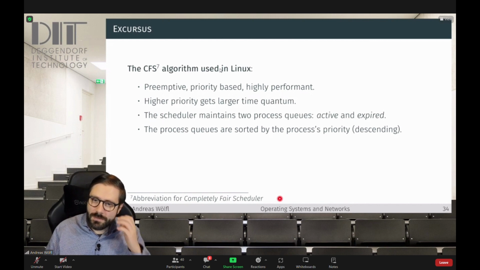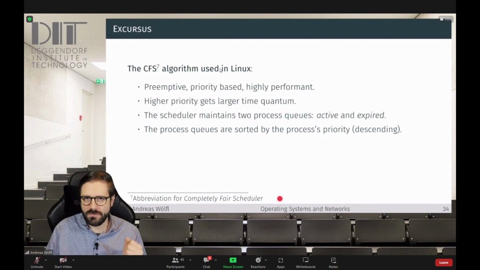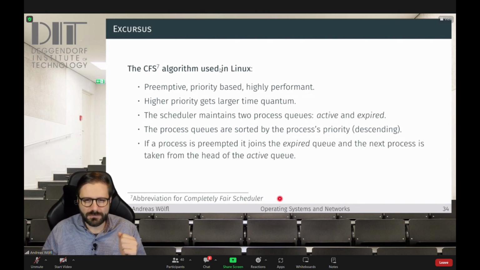And then the scheduler maintains two queues. It's an active and an expired queue. These queues are sorted by the process priority, descending, meaning at the front of the list, we have high priority tasks, and at the back of the list, we have low priority tasks.